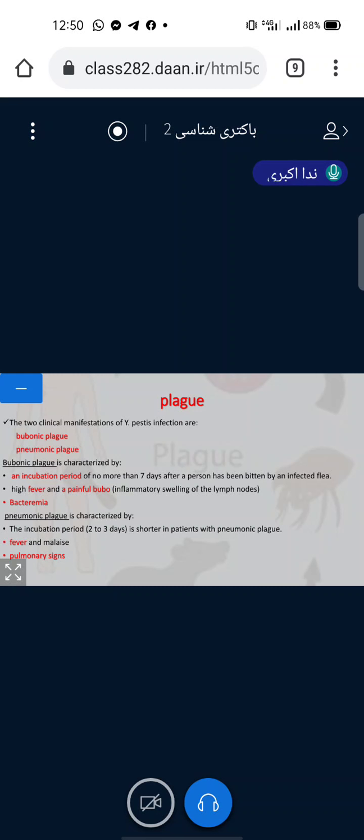After an incubation period of 1 to 10 days, the patient experiences diarrhea, fever, and abdominal pain, which lasts as long as 1 to 2 weeks. And the last is Yersinia pseudotuberculosis, which produces an enteric disease, which, as I said, is uncommon.